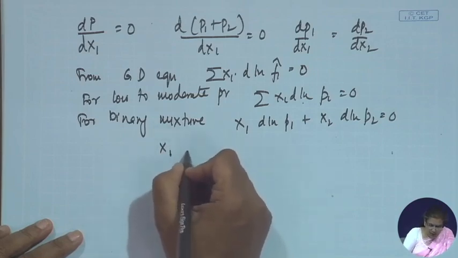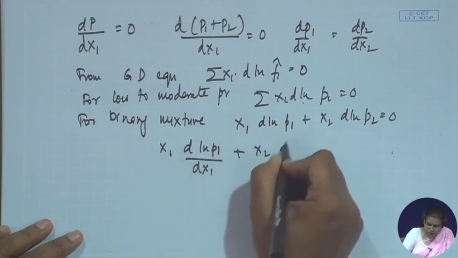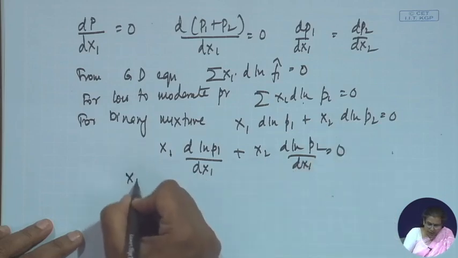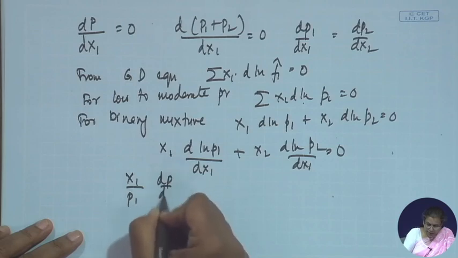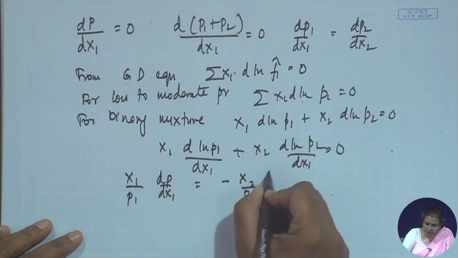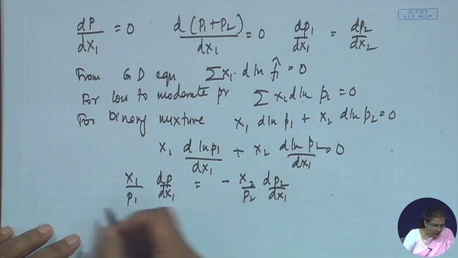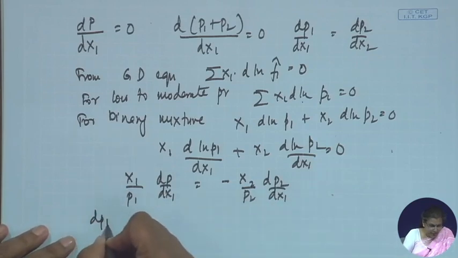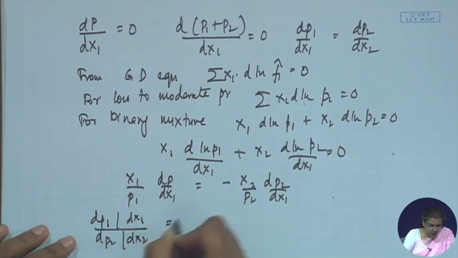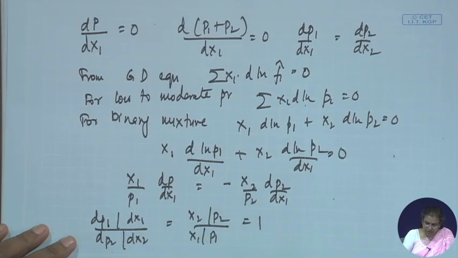We get x1 d ln P1/dx1 plus x2 d ln P2/dx1 equals 0, or in other words, can we write it down as (x1/P1) dP1/dx1 equals minus (x2/P2) dP2/dx1, agreed? Or in other words, can we write it down as (dP1/dx1)/(dP2/dx2) equals (x2/P2)/(x1/P1), this is equal to 1.